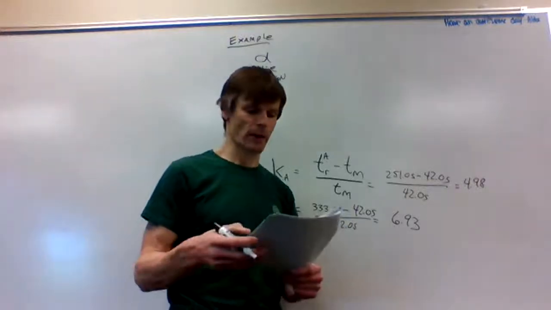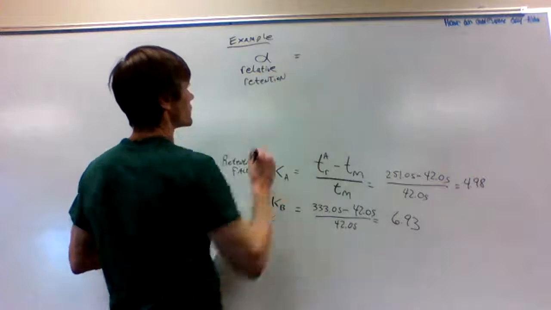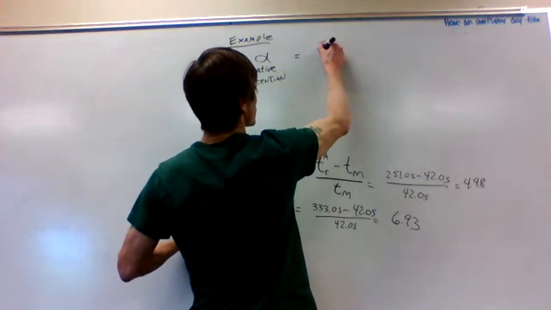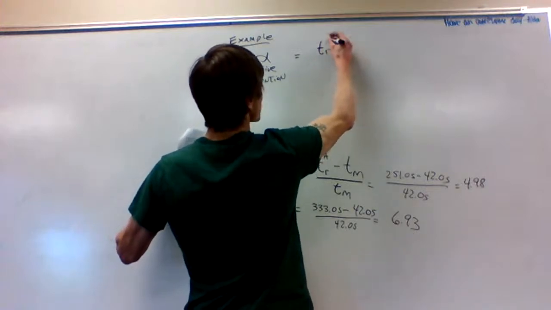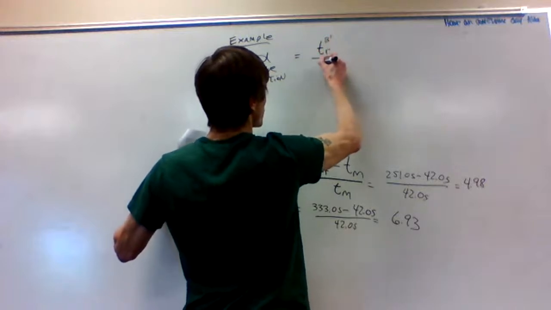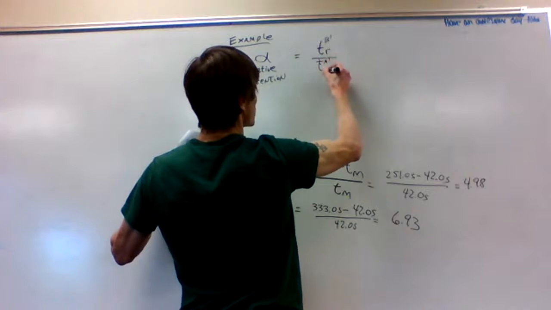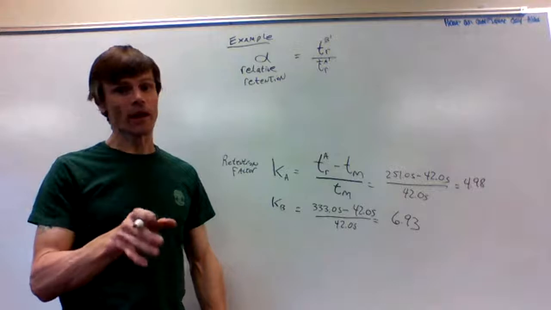That's one way to think about it. And remember, relative retention in this case is going to be the adjusted retention time for B prime over the adjusted retention time for A. Or this is another way to do it.